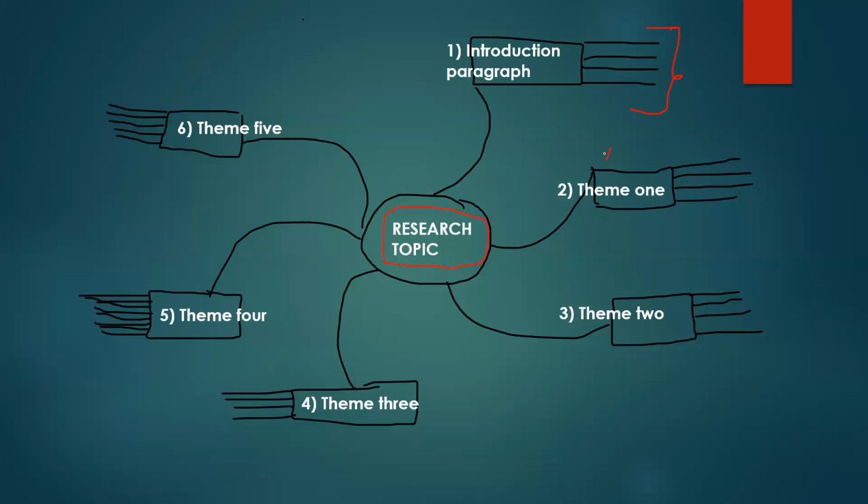The second paragraph should cover the first theme, a central idea that you want to expand into a paragraph. So the first thing you do is find out what these themes are that you want to write paragraphs on. That's your first mission.